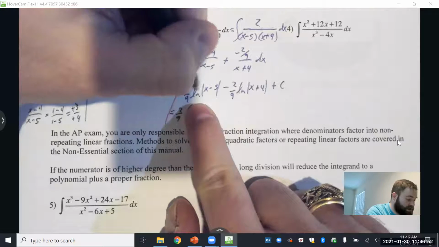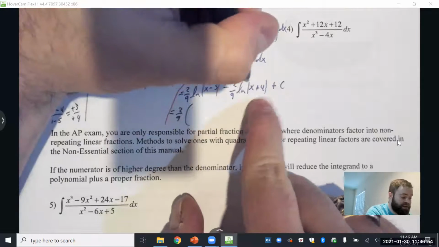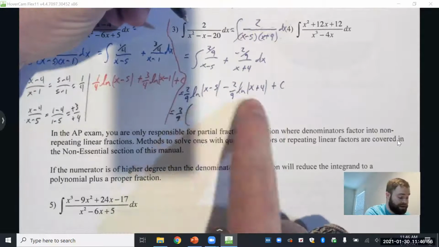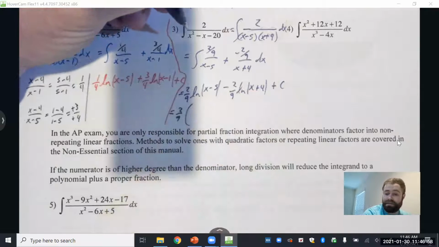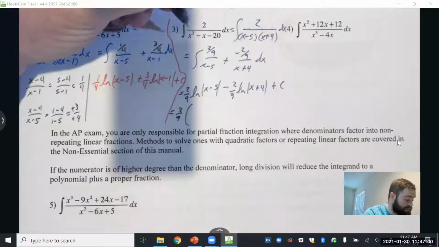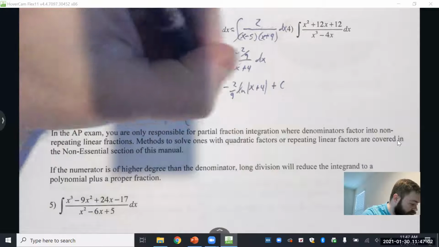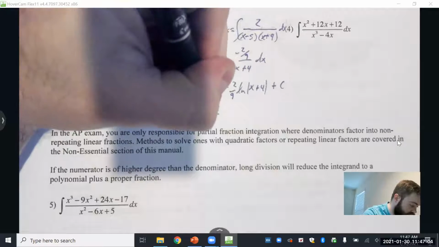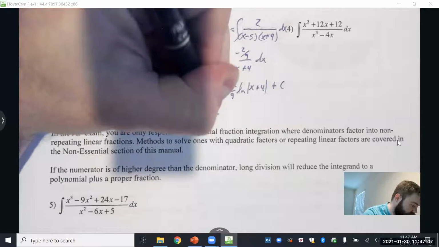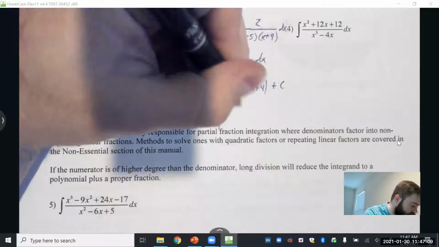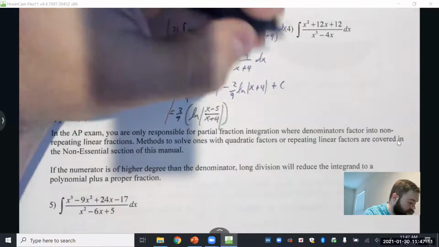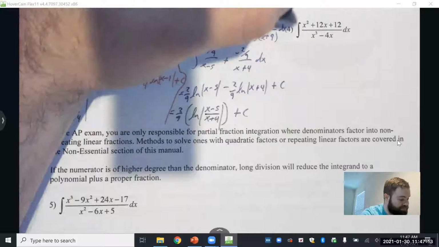Then I would be left with natural log of x minus 5 minus natural log of x plus 4. But when we subtract two natural log terms, that divides the arguments, that divides the insides. So this will become natural log of x minus 5 over x plus 4 plus c.